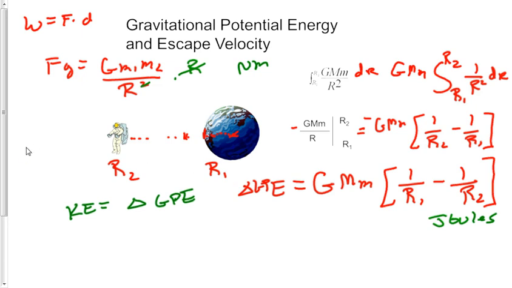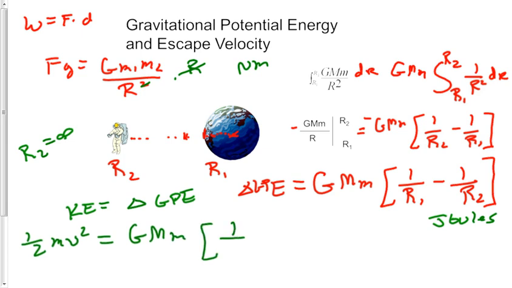We're now going to say that your second radius is when you're infinitely far away from the Earth and therefore have no gravitational attraction associated with the Earth. So then, again, kinetic energy goes to change in gravitational potential energy. So I'm going to say 1/2 m v squared is equal to big G, capital M, little m, times 1 over r1 minus 1 over r2.